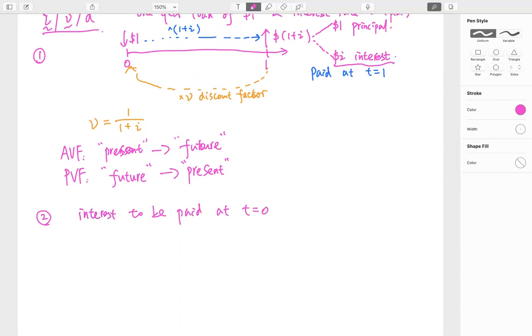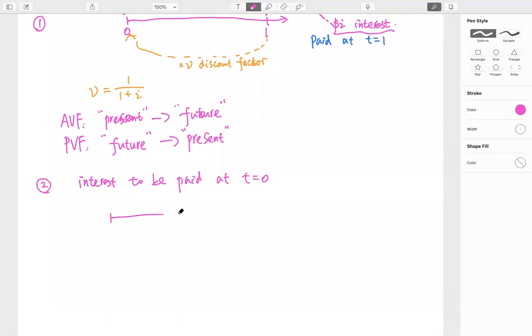Again, let's draw the timeline. This is i dollars, the interest. If interest is to be paid at time 1, the amount will be i. Now I want interest to be paid at time 0. How much would that be? Simply multiply by the discount factor, right?